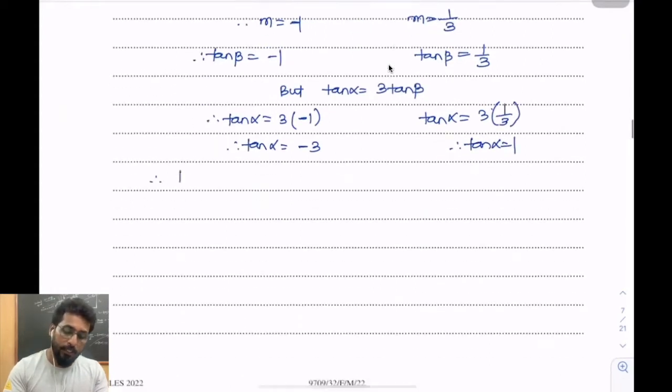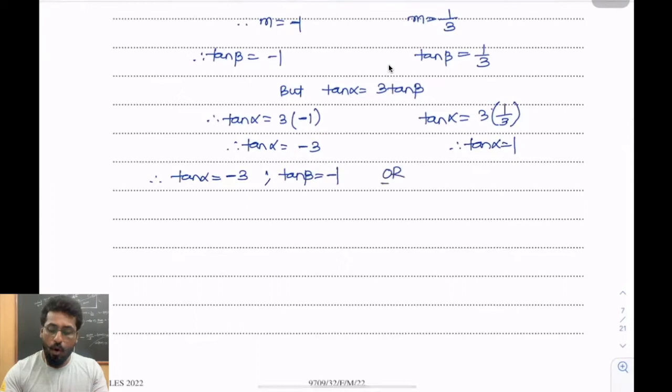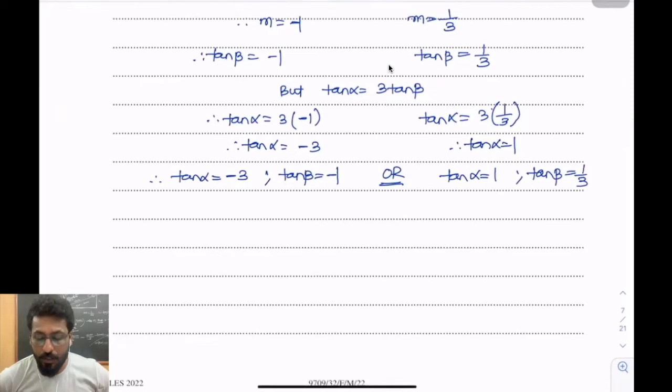So students, tan alpha is -3, tan beta is -1, or tan alpha is 1 and tan beta is 1 upon 3. So can you guess from here that in the first set of answers, tan alpha, tan beta, both of them are negative, right?